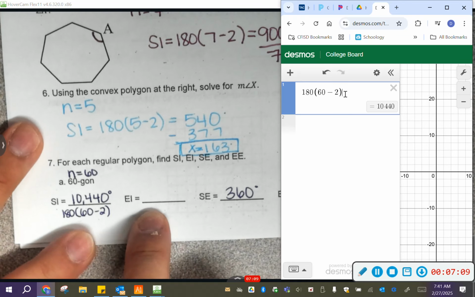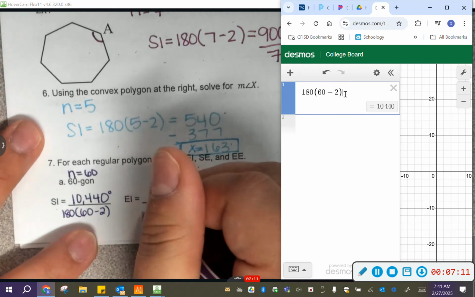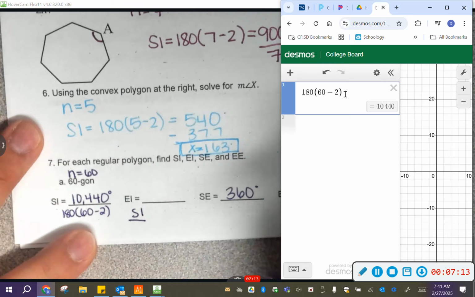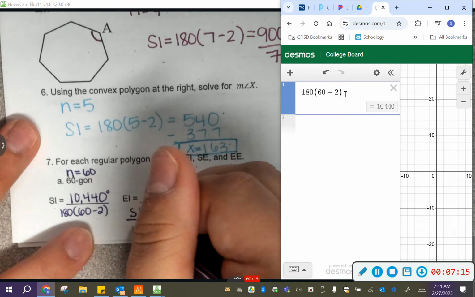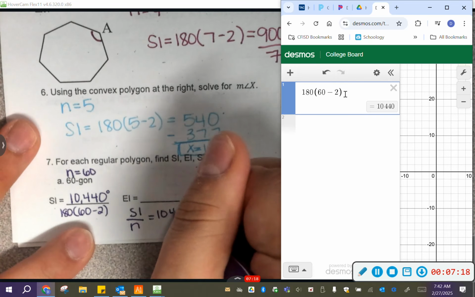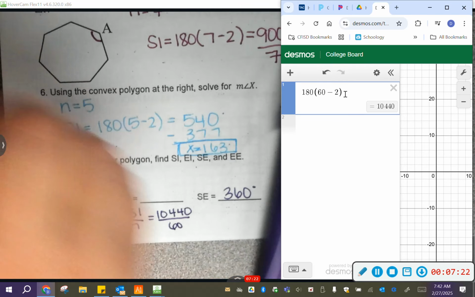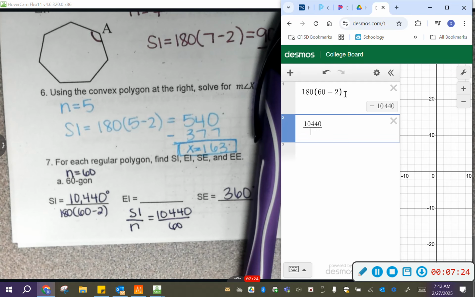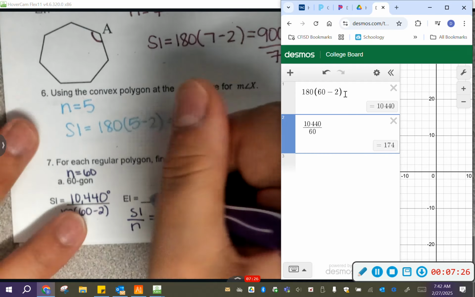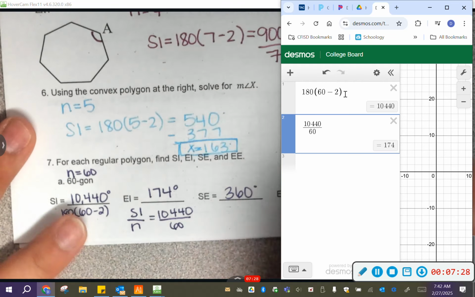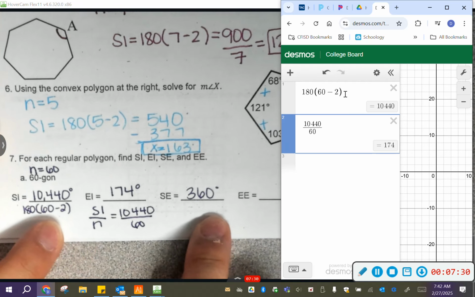How do I find EI? SI divided by n. So I'm going to do 10,440 divided by 60. And I get 174 degrees. We already did SE.